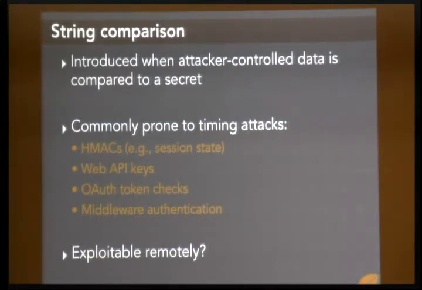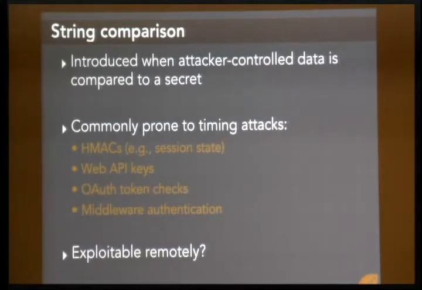A lot of times you can take a code base and just grep for HMAC, and anywhere HMACs are being handled by developers, let's say you have a server that takes a request and an HMAC from a client. It computes the expected HMAC value based on the request contents and compares it to the HMAC that the client sent along. If that comparison is done using your regular equality check in your language of choice, that's a side channel.